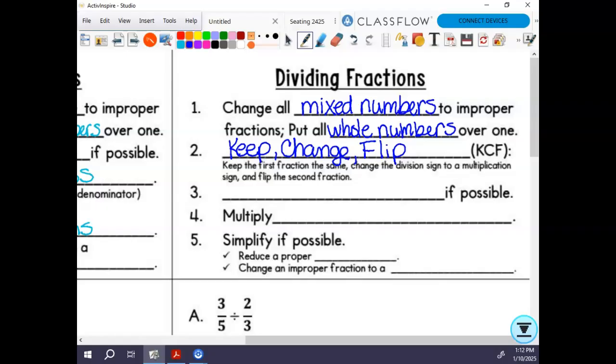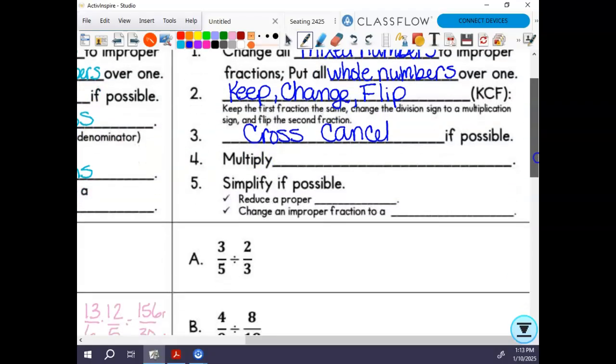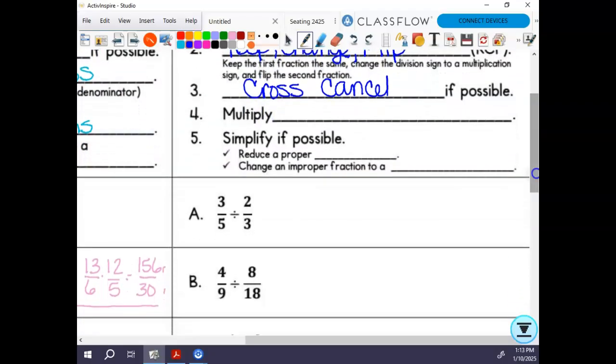Then we cross cancel if possible. That was our big epiphany yesterday, right? Cross cancel if possible. And then basically now we're in the multiplying directions. So then we multiply straight across.